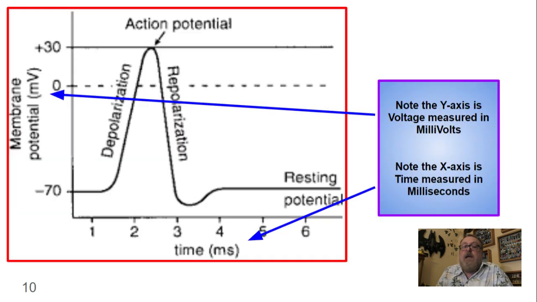So to recap, the action potential is generated when a stimulus changes the membrane potential to the value of the threshold potential. The threshold potential is usually around -50 to -55 millivolts. It's important to know that the action potential behaves according to the all or none law.